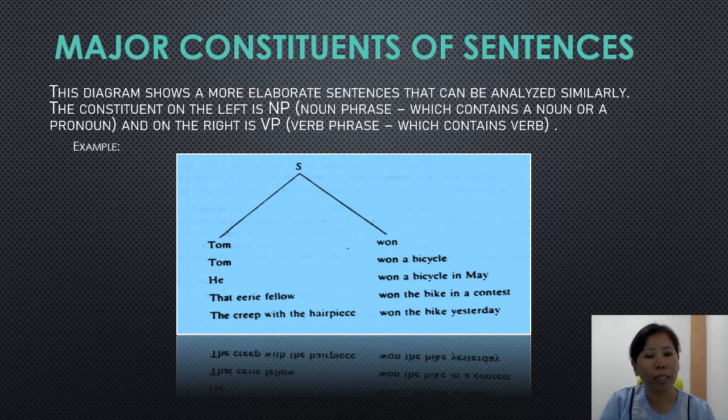Now, we can see in this diagram some more examples of sentences. We can notice that the first sentence is just a simplified sentence, but we can expand the sentence by adding some more elements in the sentence, such as determiners or adjectives or adverbs.